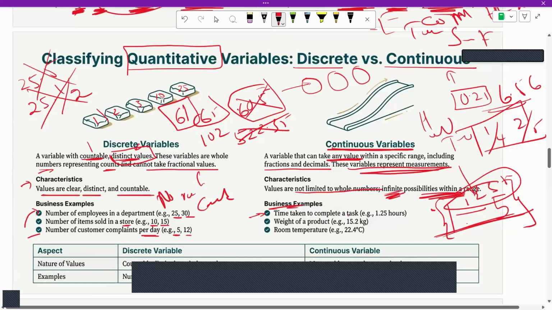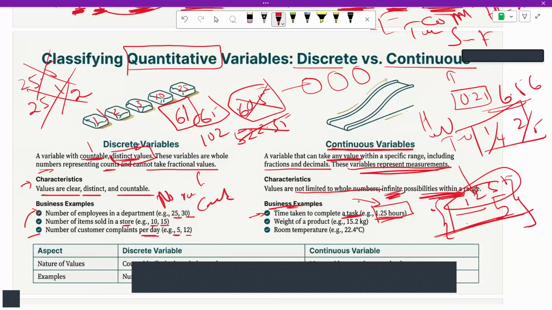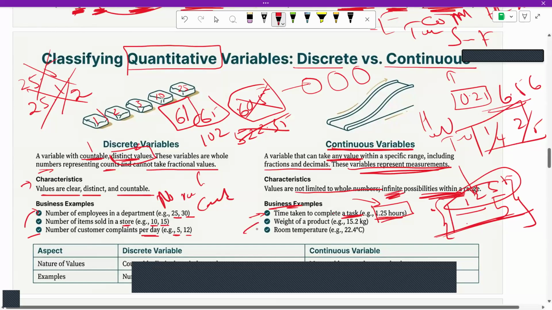The time taken to complete a task. How many hours have you spent to complete a task? One could say 1.25 hours. Another could say 3.5 hours. Another says 5 hours. Weight of the product, 15.2 kilograms, 3.5 grams, 1.2 milligrams. Room temperature, 22.4 degrees Celsius.